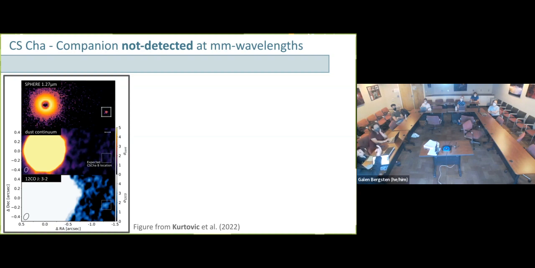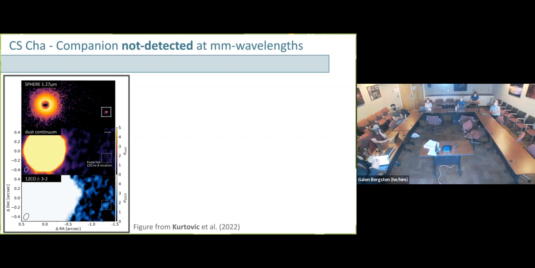So they have a consistent proper motion, but they could actually not be gravitationally bound. Now, this is just a possible scenario. But in that case, this companion that we are observing would not be producing any gravitational effect on the disk.